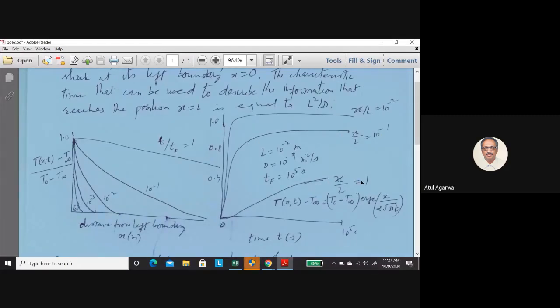You see, it has not yet gone to the full value. But if you go for infinite time, this will reach the value of 1. So this is the way your solution behaves for a heat transfer problem.